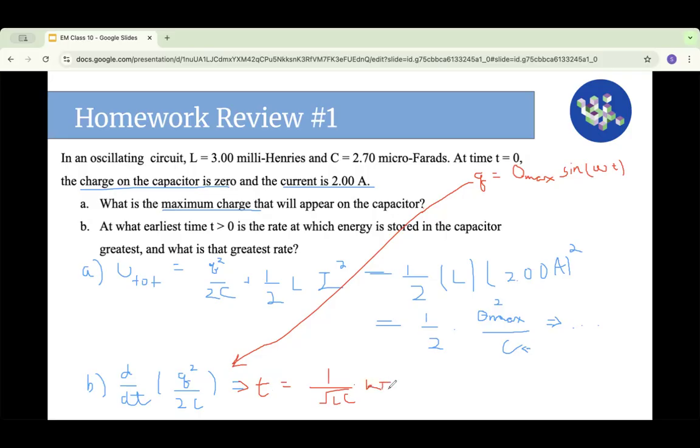And then you can solve this. And then you can plug this t back into here to get q, and then back into q squared over 2c to get the maximum rate. So are there any questions about that? If not, we can move on.